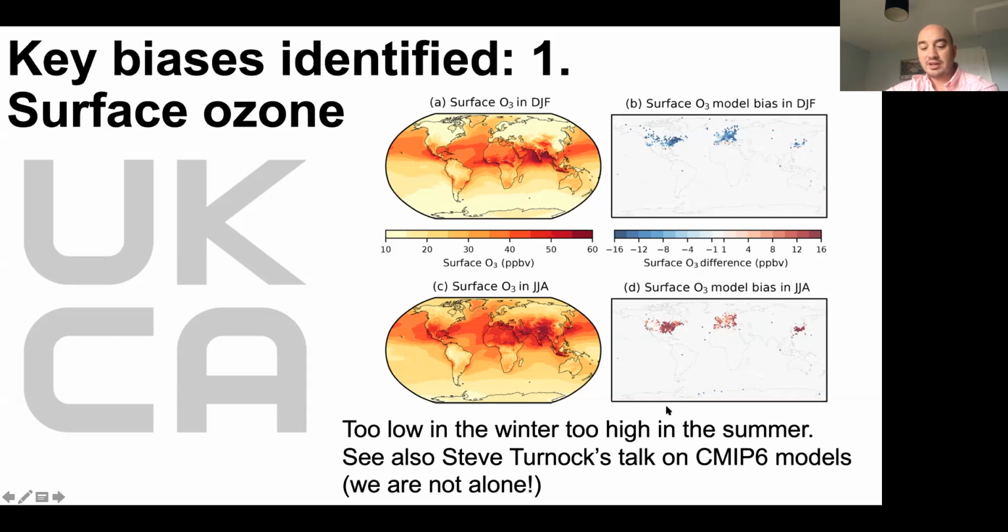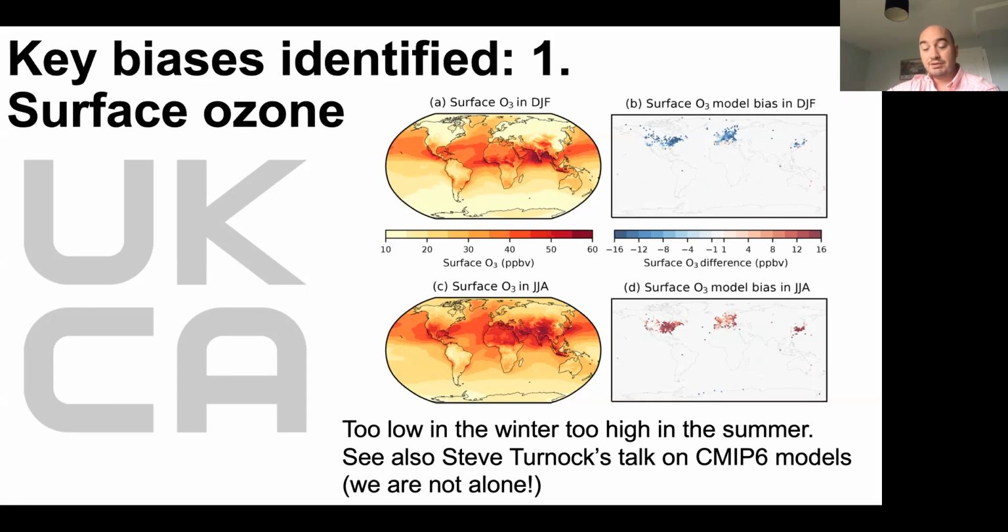Like I said, this isn't completely unique to UKCA, but I think it's something to bear in mind. When you look at the annual mean bias, actually the model does a really good job.